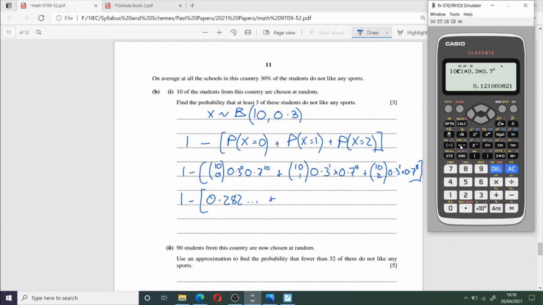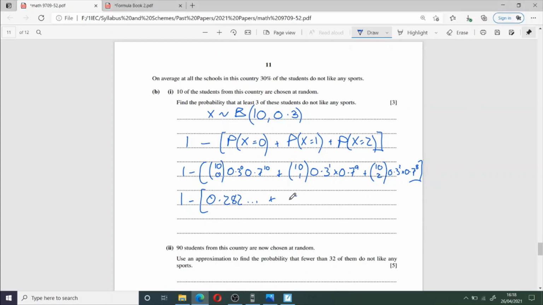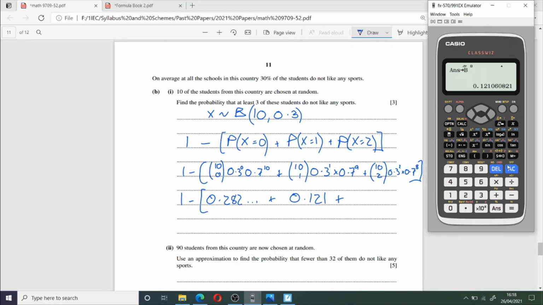I'm going to store that in B. And then the last one, 10 choose 2 times 0.3 to the power of 2 times 0.7 to the power of 8. So 0.233, I'm going to store that in C.